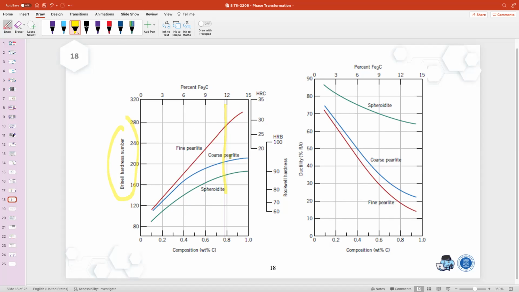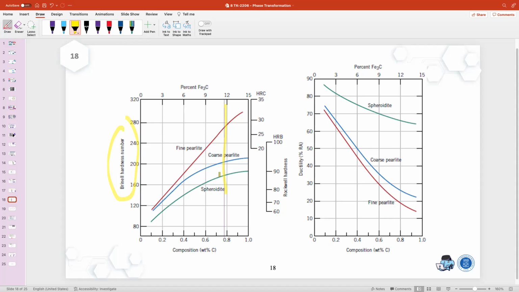It's similar with my explanation before, because in spheroidite we have nodules or spheres of Fe3C, while in the fine pearlite you have very thin layers of cementite that act as a border for plastic deformation.